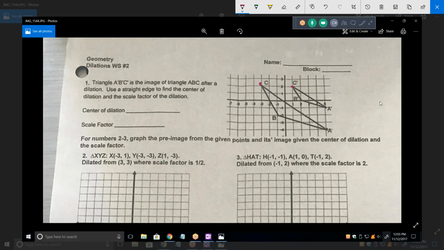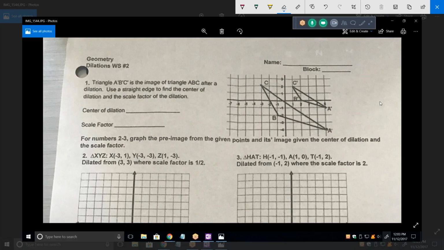Go right 4. What do I have to do to get from here to here? Go up 3. And therefore, that distance is not likely to be 4 or 3, or some combination of such. So that's not going to work for the center of dilation.